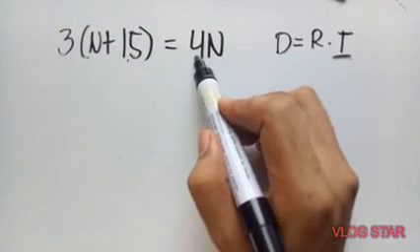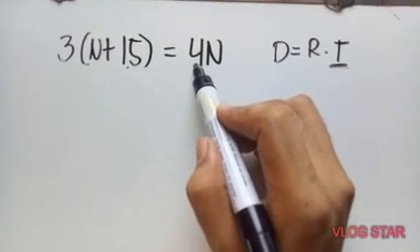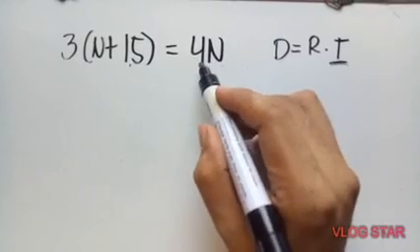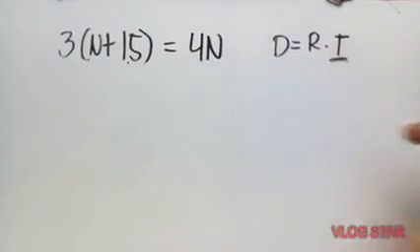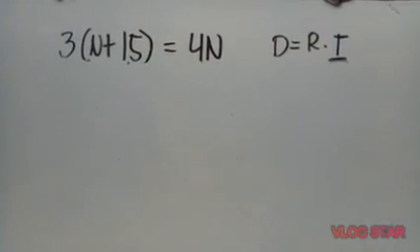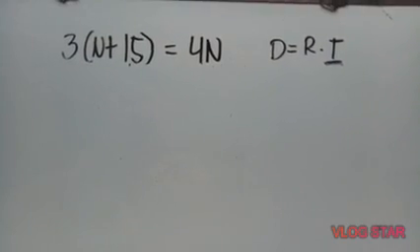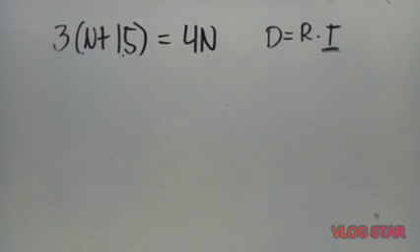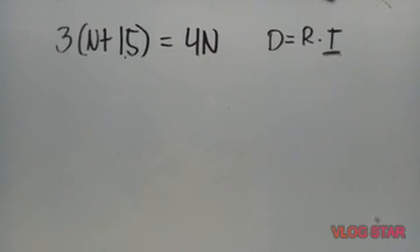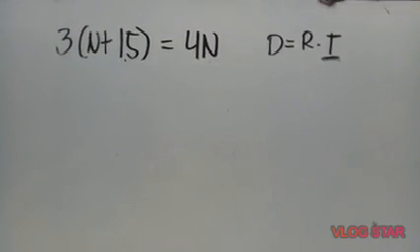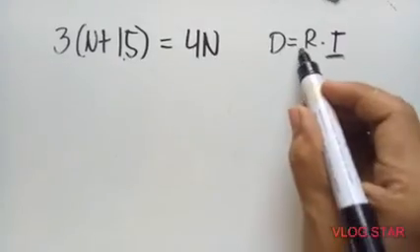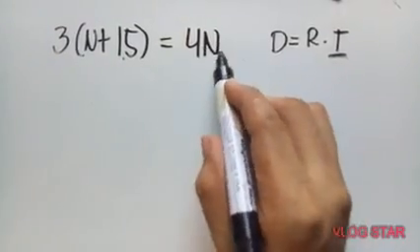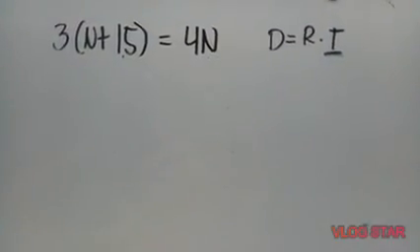Then here is 4 hours with the rate of n. So we will look for the value of n to know the rate of the speed. We are looking for the speed, that's why we will find the value of n.